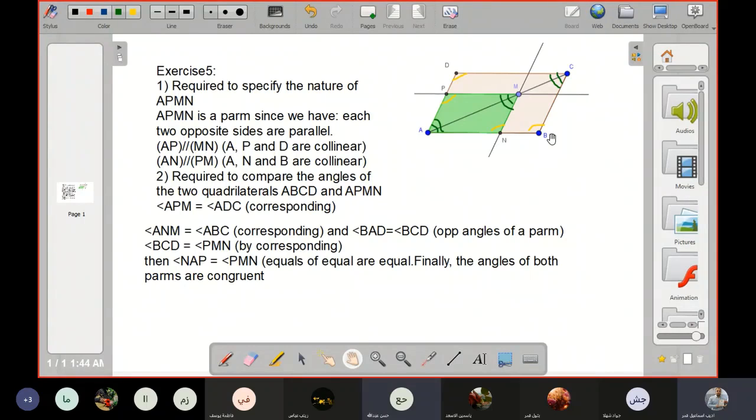Bravo. The other: in triangle ACD we have PM parallel to DC, given. Very good. AP over AD equals AM over AC equals PM over DC. Then, what do you say about all the ratios that are given? Equal. Very good. Excellent, Hassan.